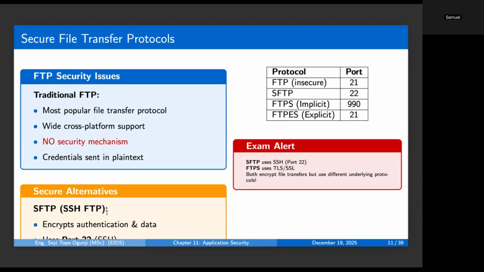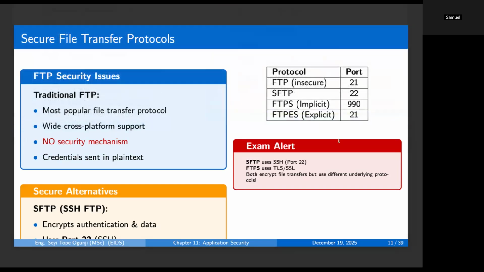Another thing about it is that everything sent through it is encrypted. And you can also have fine control over whatever is sent through this port. SFTP, that is secure shell file transfer protocol.